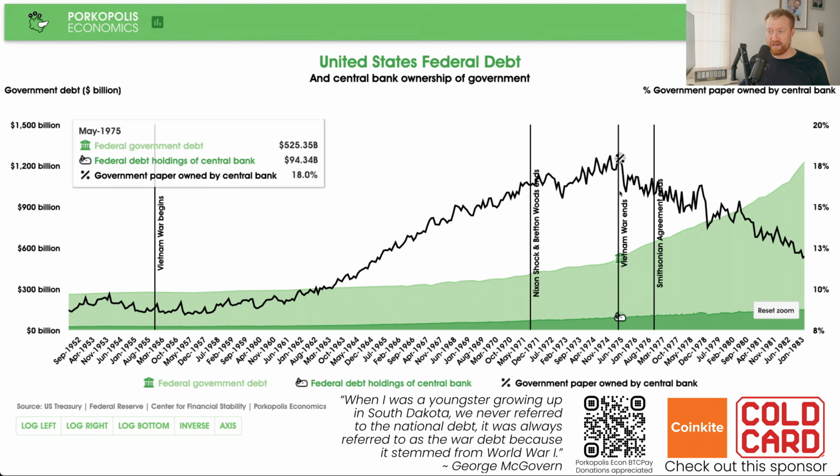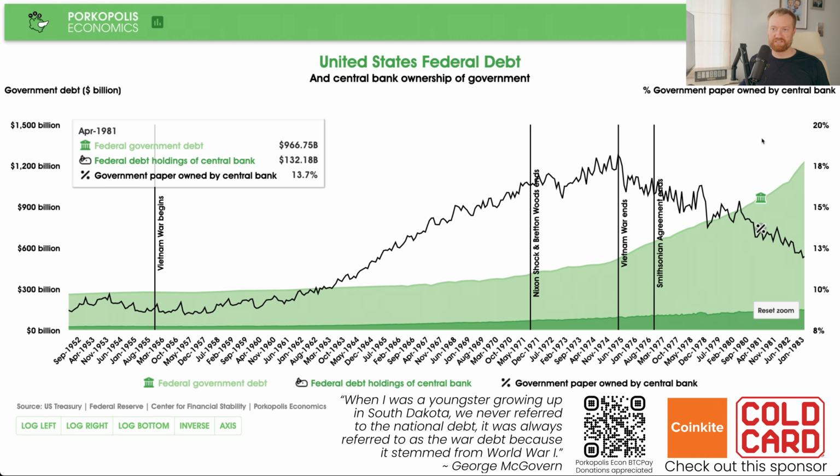Even after the Vietnam War ends, there's more and more debt being issued by the government. We hit $1 trillion on this chart, $1,000 billion of federal government debt here in October 1981. The Federal Reserve's portion does decline, but look, the Federal Reserve's portion is rising all the same.